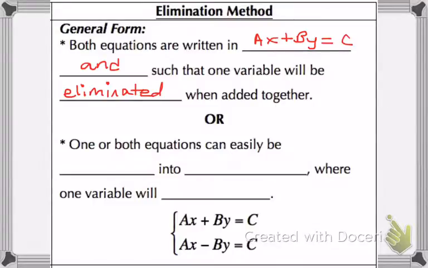Or sometimes one or both equations can easily be converted into this ax plus by equals c, where one variable will cancel.